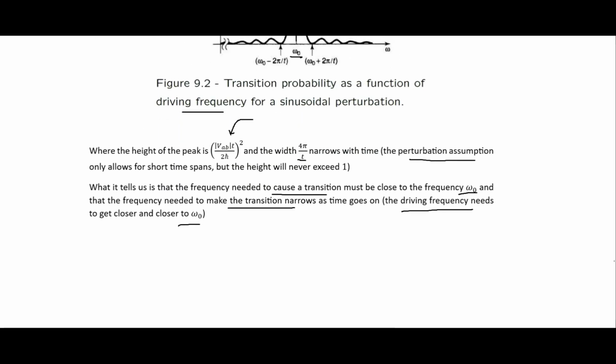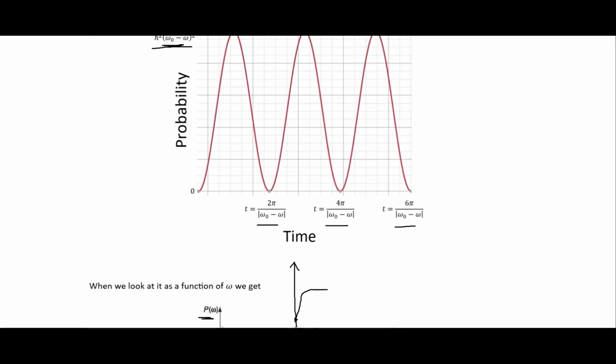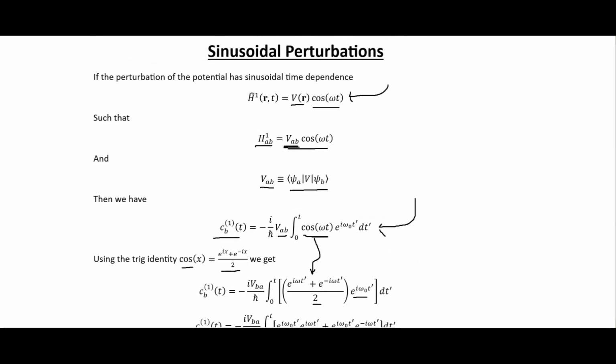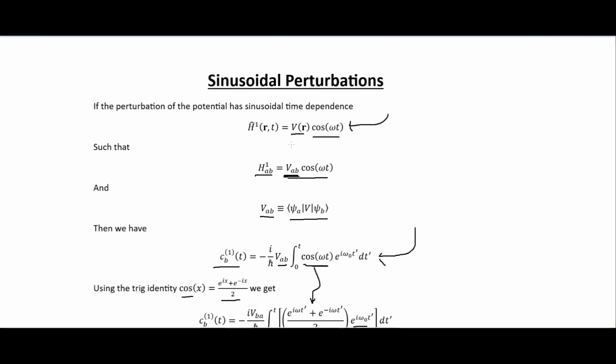But yeah, that was everything I wanted to talk about for this video, looking at a sinusoidal perturbation to our potential term. In the next video we will see this being used for calculating the absorption and emission and stimulated emission of photons from, say, an electron in an atom.